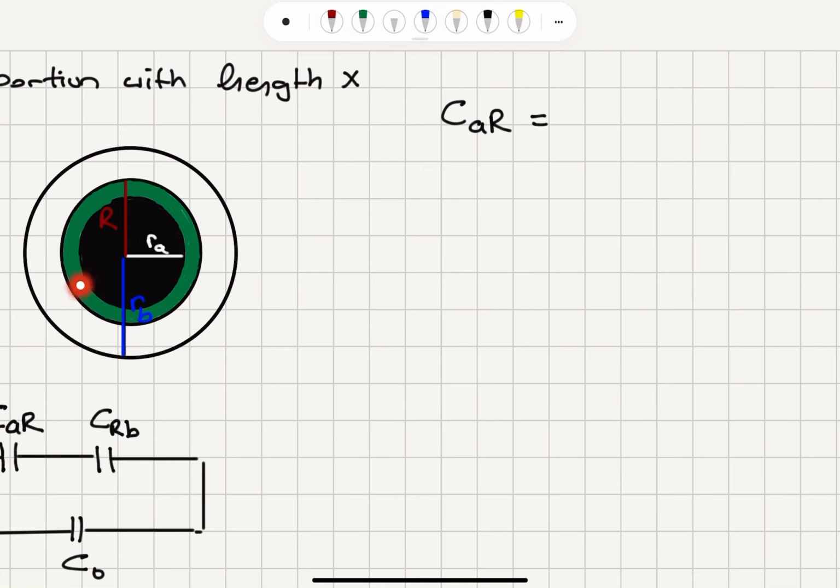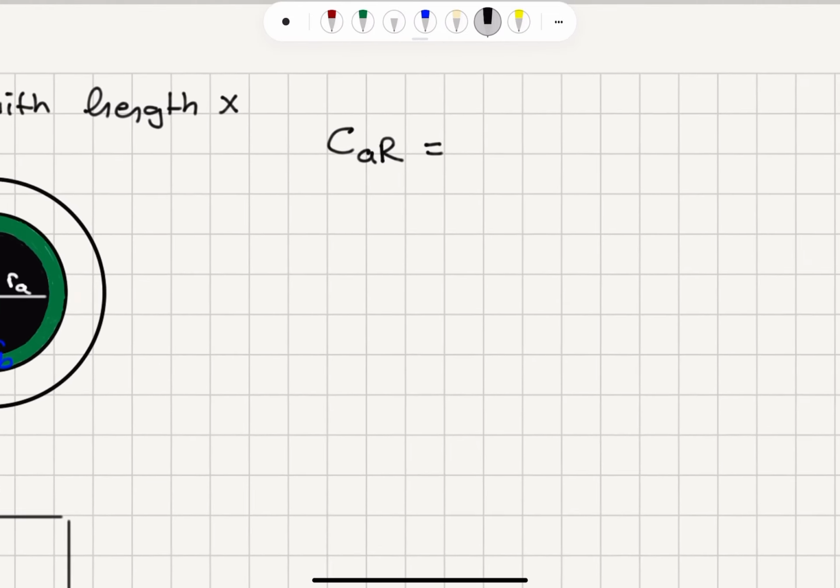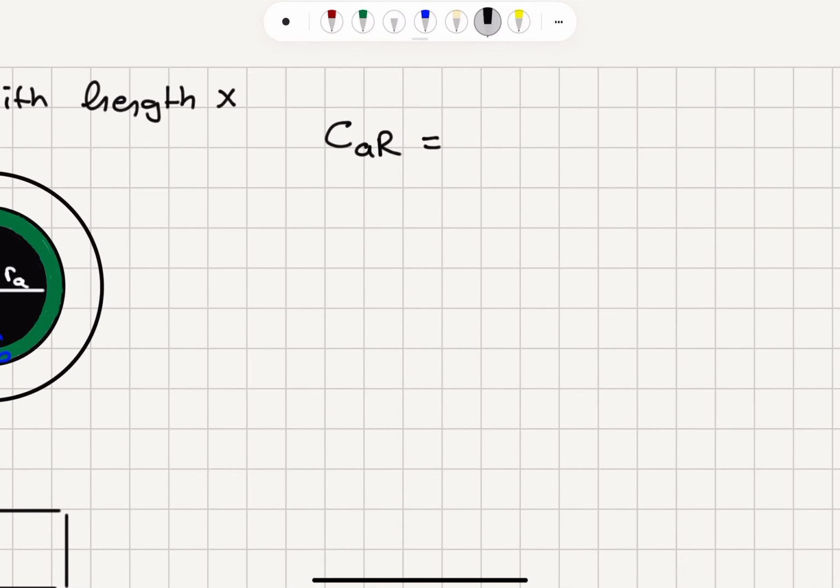Basically, I'm assuming that I insert an infinitesimally thick conductor here to determine the capacitance. Remember, that doesn't change the answer. So what is the capacitance that would develop between these charges and these charges? So that is the capacitance 2 pi.